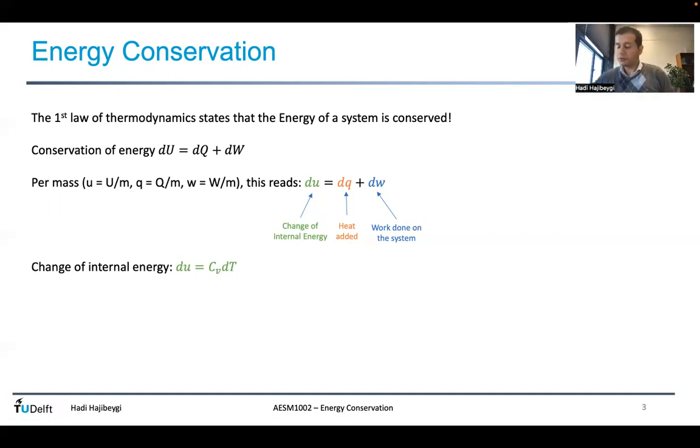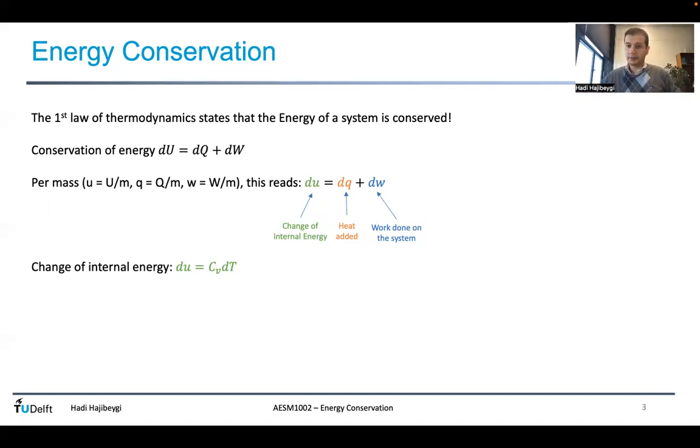So if you have a unit mass of a system and you heat this system, its internal energy will increase. That would cause a change of temperature. Internal energy change is proportional to the change of the temperature of the system. The proportionality factor is CV, which is the constant volume heat capacity.